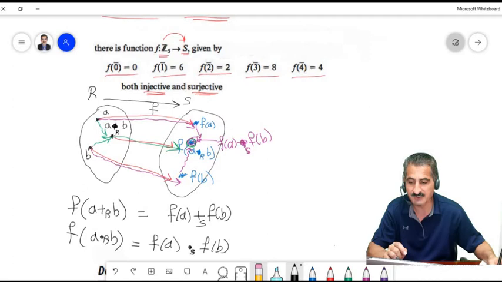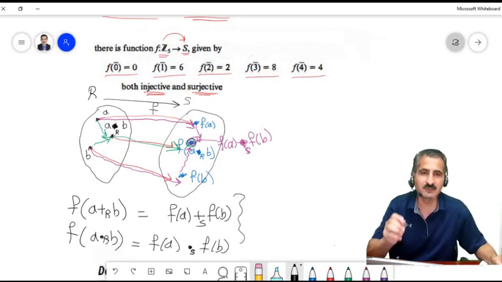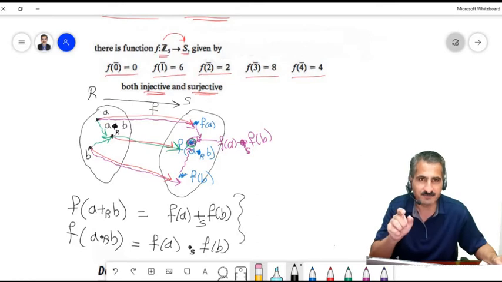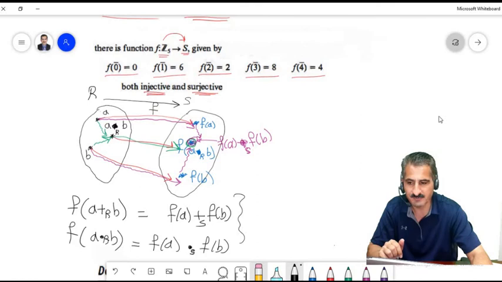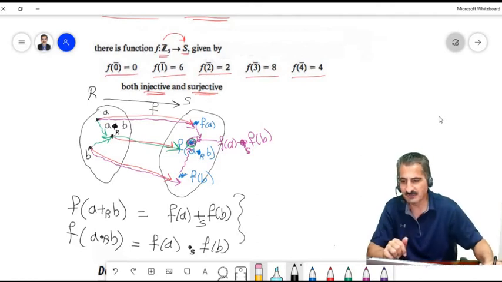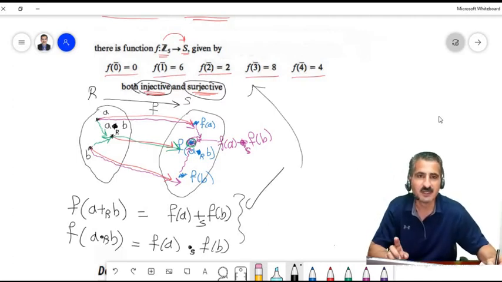This is S. So these two properties, along with injective and surjective, will give us a function which is called an isomorphism. So this function here is injective and surjective, and these two properties for this function are satisfied. How do we know that?